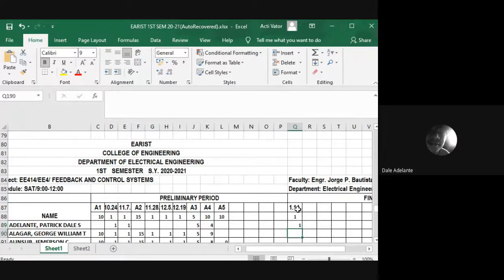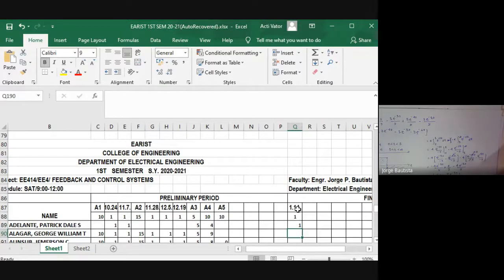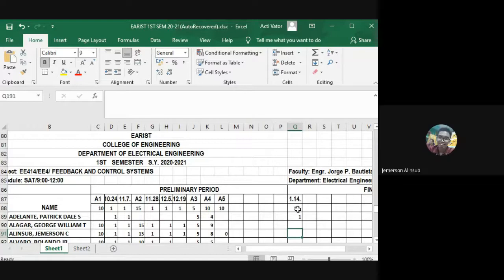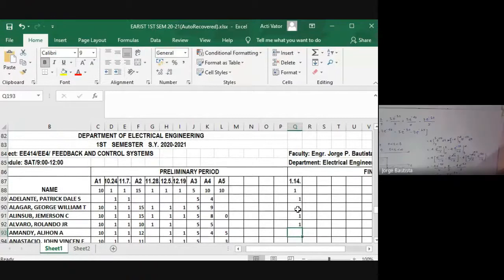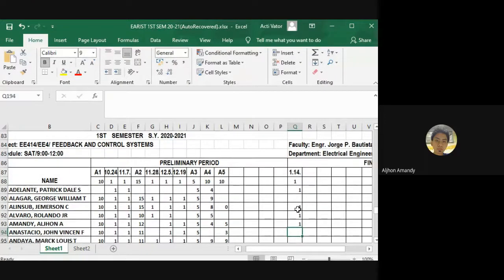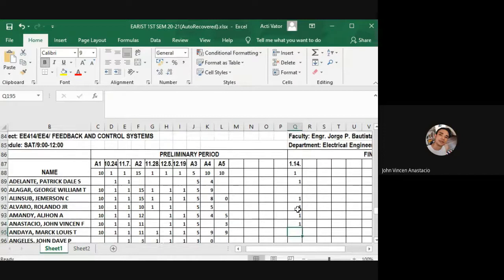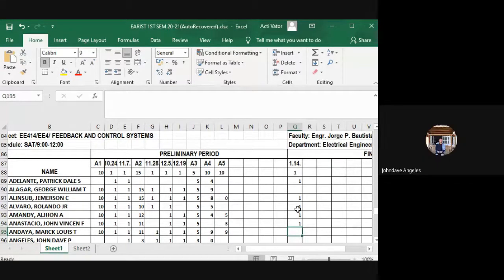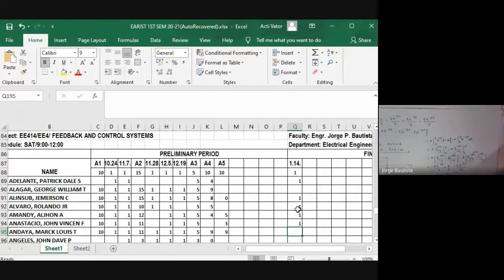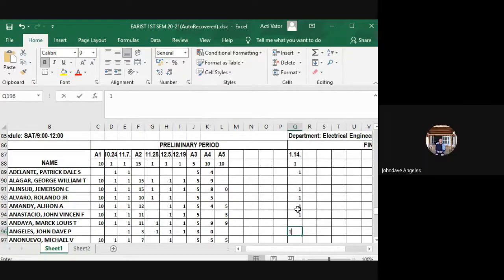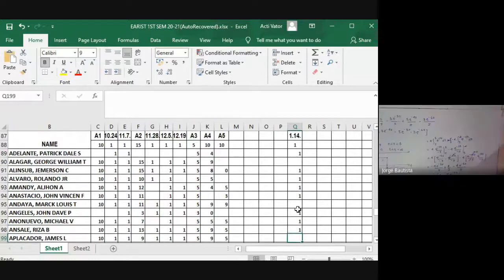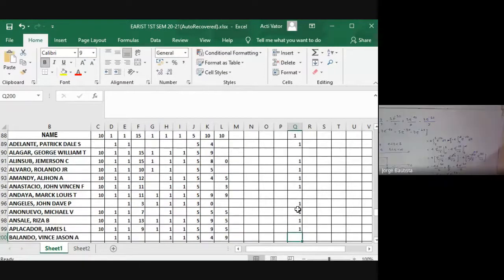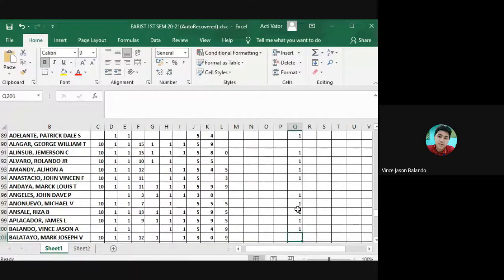Present, sir. Present. Alagar. Alinsub. Present, sir. Alvaro. Present, sir. Amanbi. Present, sir. Anastasio. Present po. Andaya. Angeles. Present, sir. Año Nuevo. Present, sir. Ansale. Present, sir. Palando. Present po, sir.